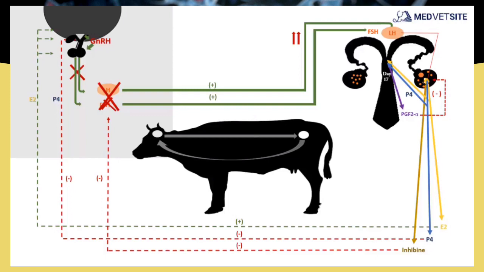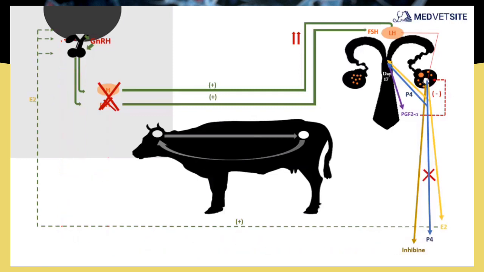This causes a white body called corpus albicans, which is not functional, which decreases the levels of progesterone, which causes its negative feedback to be withdrawn, allowing the hypothalamus to begin its production of GnRH again, and therefore FSH and LH, stimulating follicular growth again, the ovulation, and a new sexual cycle begins.